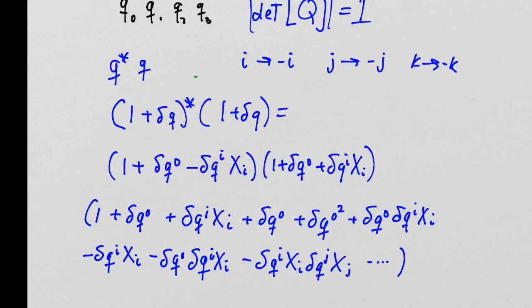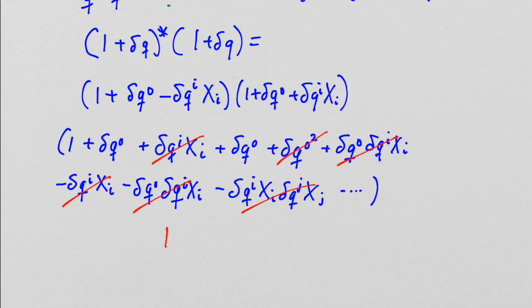So what ends up happening? Well, let's see. This is a higher order term. This Q0 commutes with everything, but this is not only a higher order term, but it also cancels directly. That's a higher order term. This linear term cancels with that linear term, and you're just left with 1.